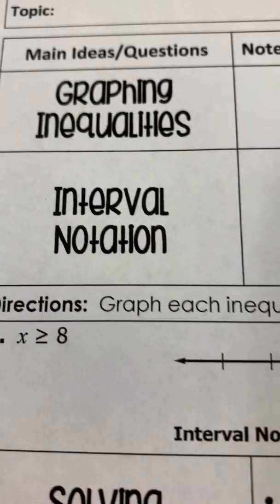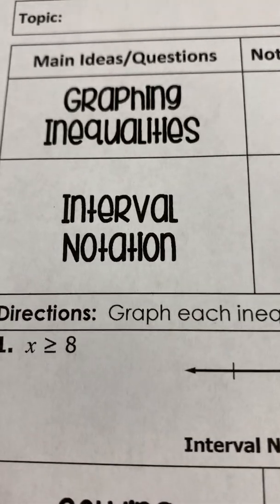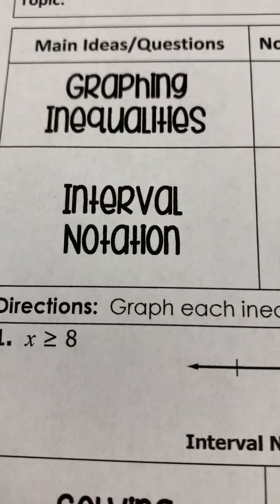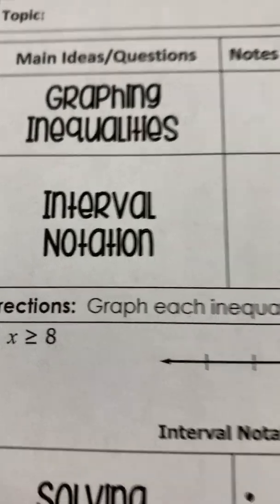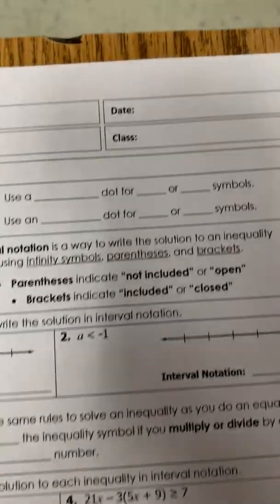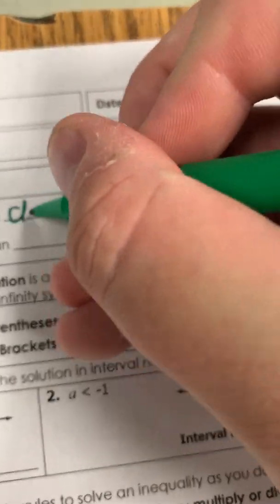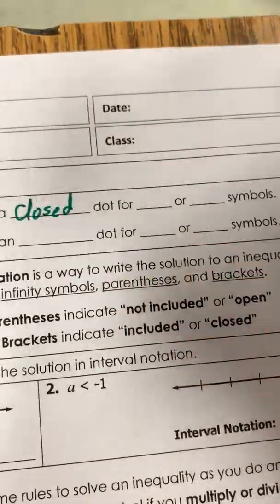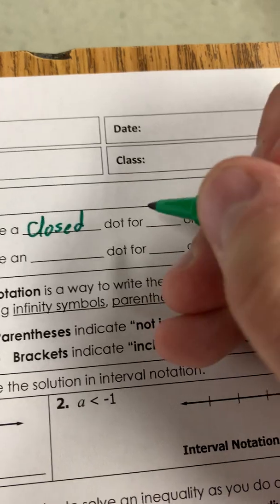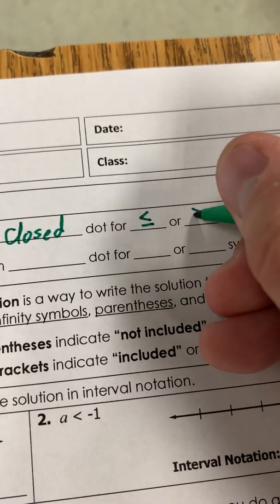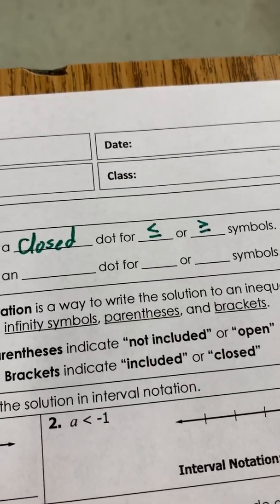All right, this is kind of a review of some of the more middle school stuff relating back to 7th, 8th, and Algebra 1. Okay, it's pretty easy. We are going to use a closed dot for these two types of symbols, less than or equal to, greater than or equal to.